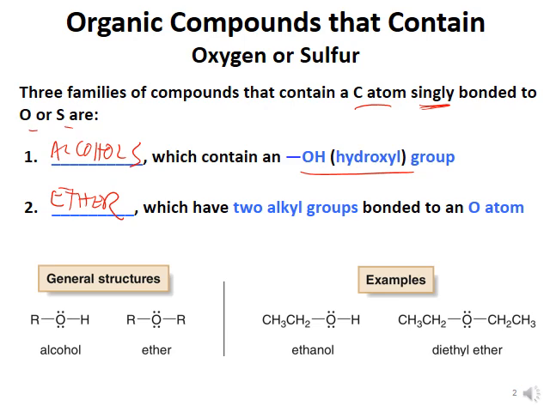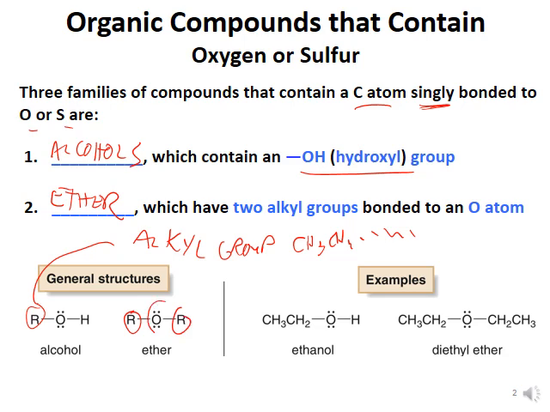And in general, R is just an alkyl group, which is just like CH3, CH2, blah, blah, blah. An ether has two R groups attached to that oxygen with a pair of lone electron pairs on the oxygen. Alcohols are similar, but they just have an H attached.